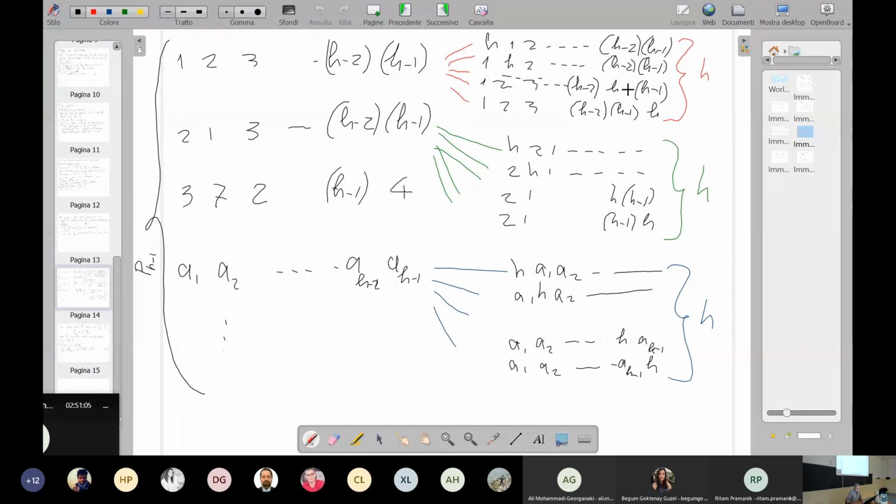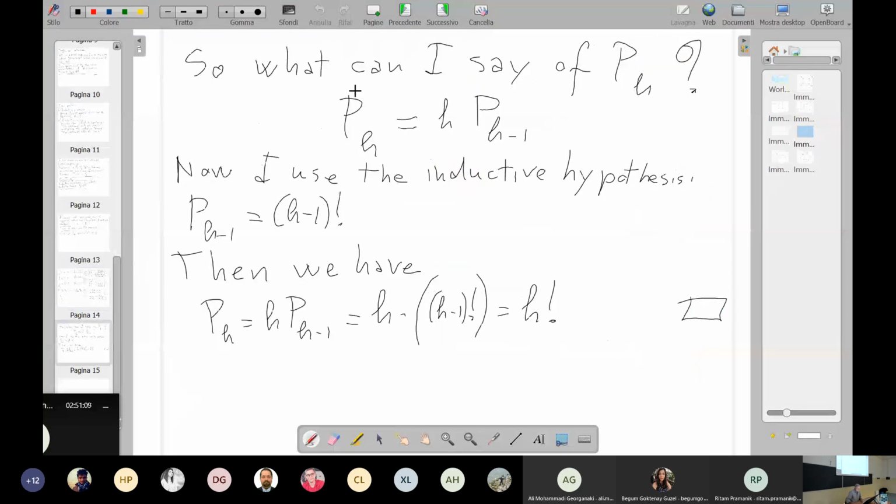So for each we have h. Of course, the number of permutations of h elements is h times the number of permutations of h minus 1 elements. But now we use the inductive hypothesis, which was that ph minus 1, the number of permutations of h minus 1 objects, was h minus 1 factorial, and so we get it.